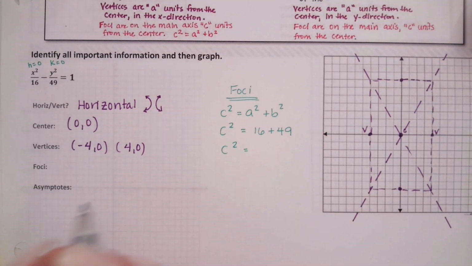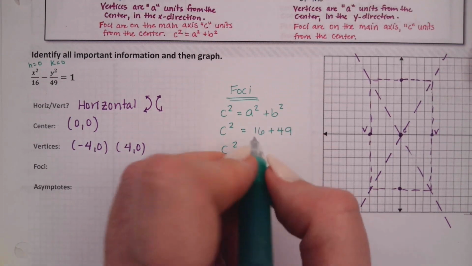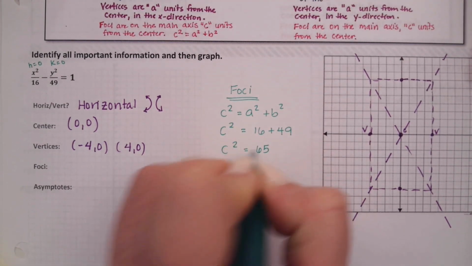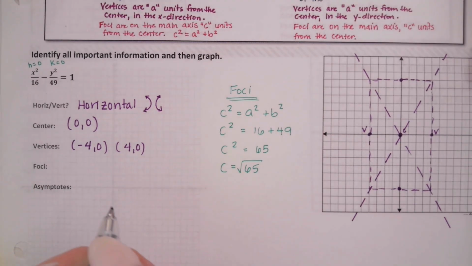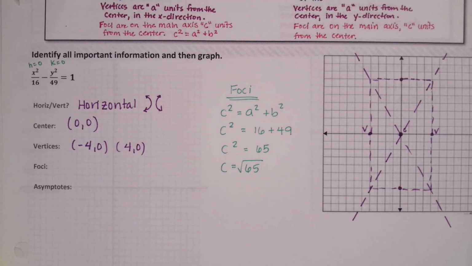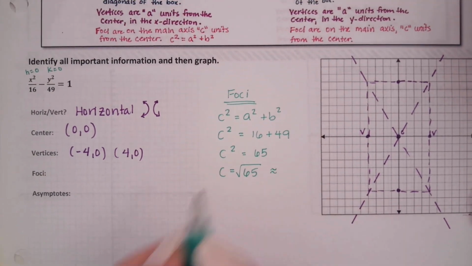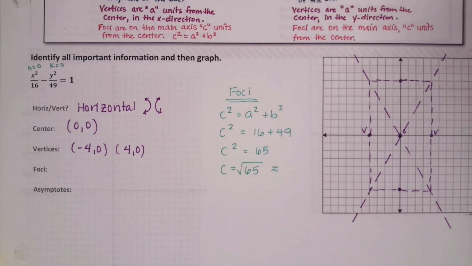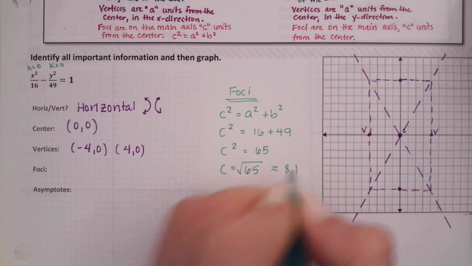So c squared equals 65. So that means c equals the square root of 65, which I don't think simplifies, because 65 is just 13 times 5, and both of those are prime. We do need some sort of decimal approximation so that we can graph it, though. What is that about? 8 point, yeah, just slightly above 8.